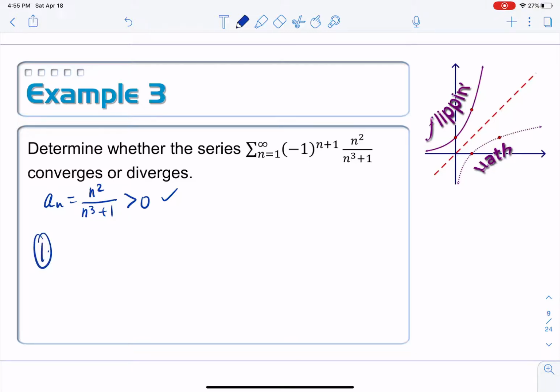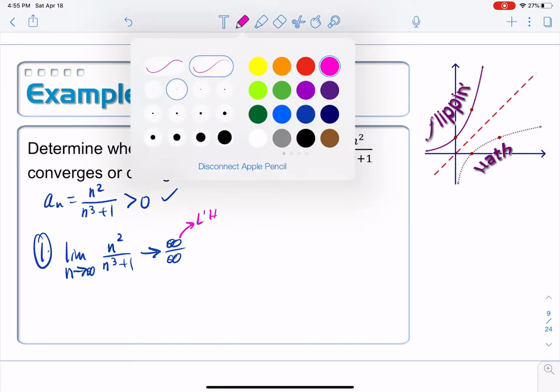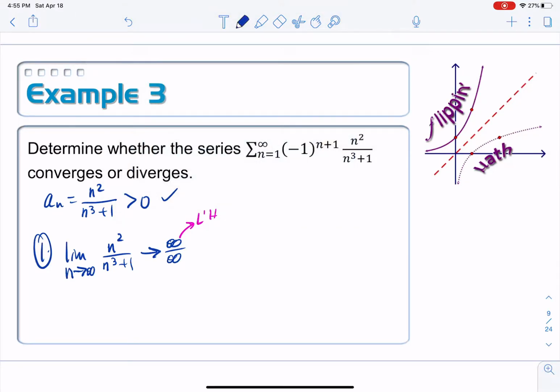First part of our test, the limit as n goes to infinity of n squared over n cubed plus 1. If I were to stick in infinity, I'd have infinity over infinity, which is L'Hopitalable. So we use L'Hopital's rule. Now, of course, we could use a little pre-cal shortcut, but I'm going to just be thorough.